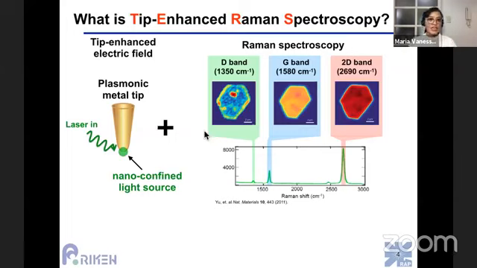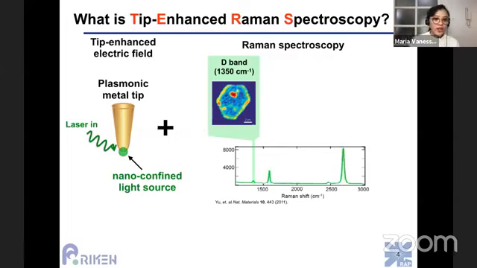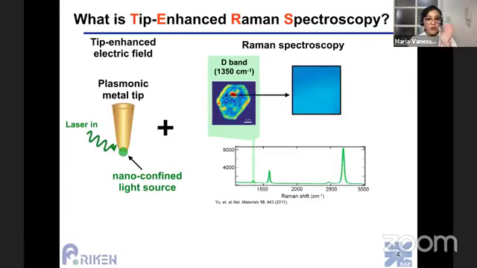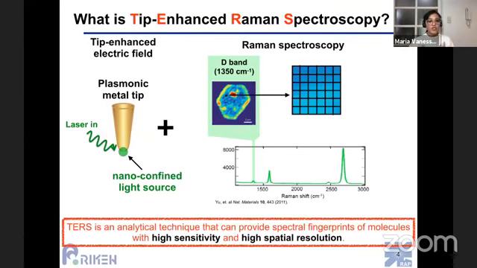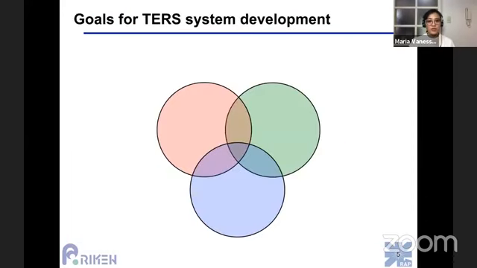But for tip-enhanced Raman spectroscopy, we are interested only in 1 pixel of that entire image. In that 1 pixel, we want to image the very local properties of our sample, which is why TERS has been dubbed an analytical technique with both high chemical sensitivity and high spatial resolution.